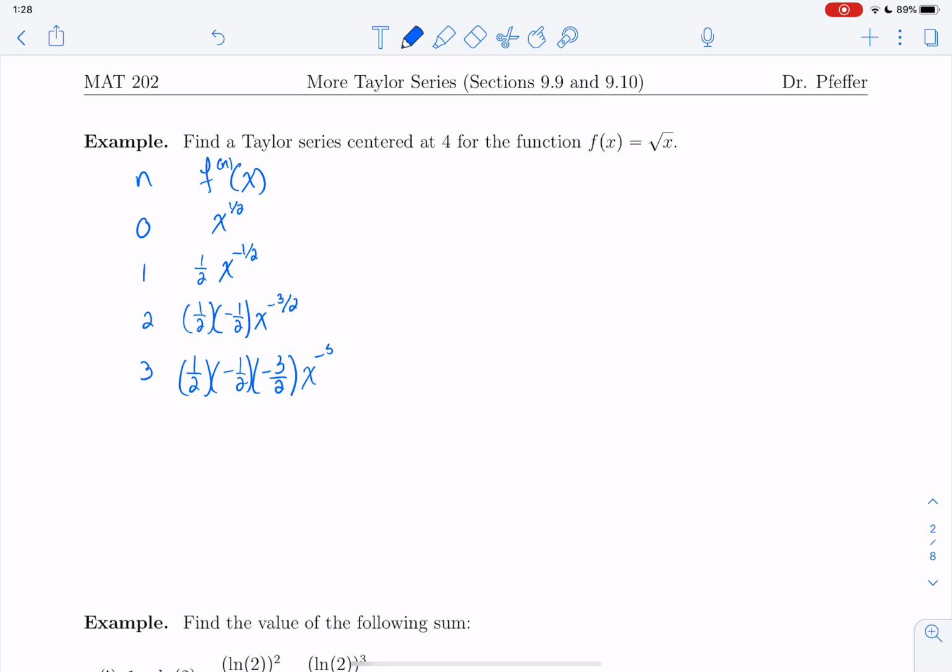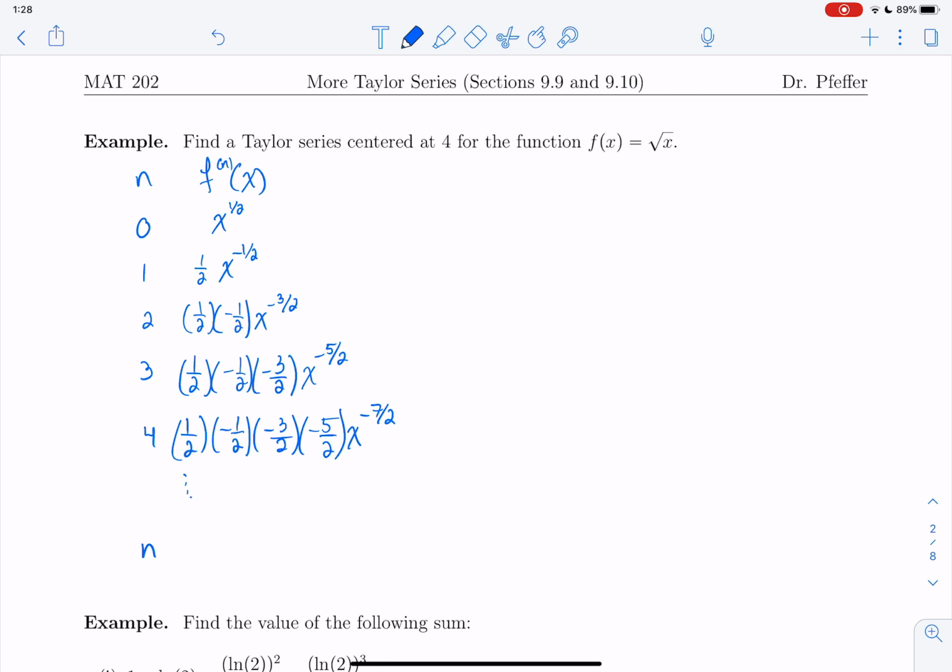And eventually you're just going to want to keep doing this until you are comfortable enough that you can spot the pattern. Usually for me that means about the first 4 is probably good. There we go. And now that we have the first 4, we can now figure out the pattern for n.